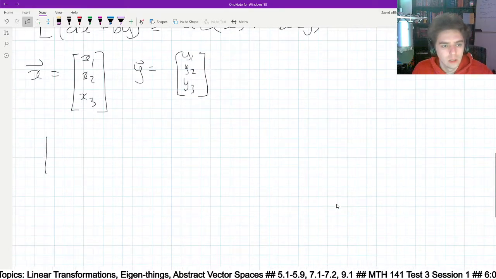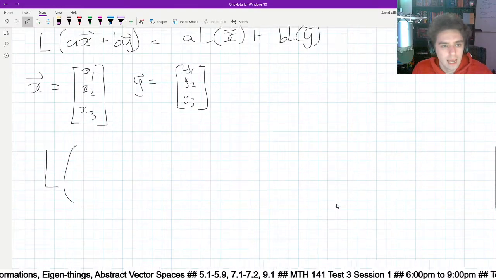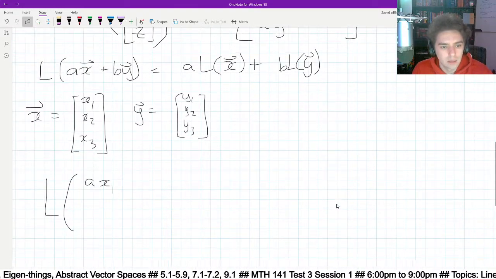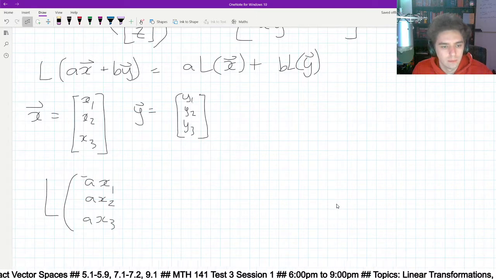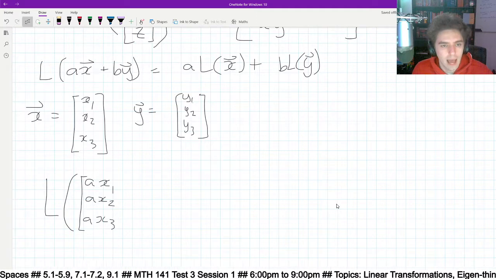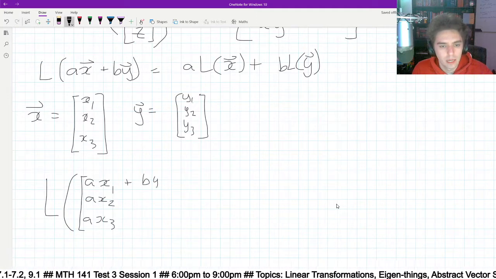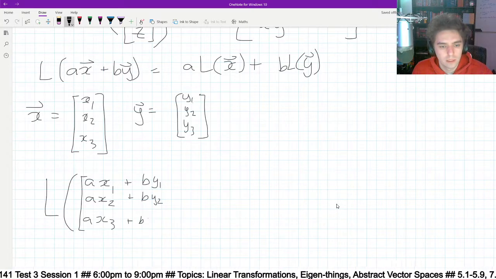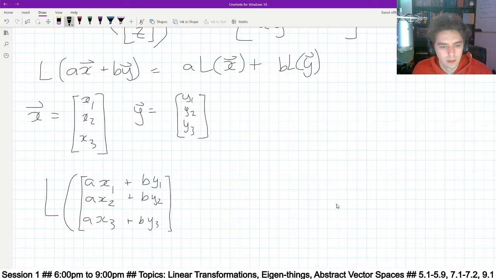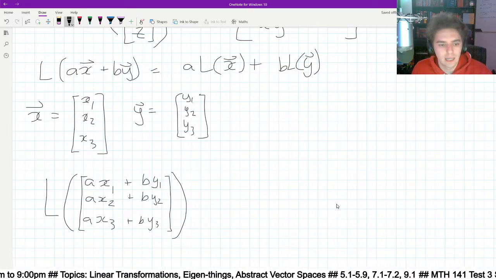So L of the left side is going to be a times x, which is (ax1, ax2, ax3), and I'm adding that to b times y. So I'm adding each term: b times y1, b times y2, b times y3. And the goal here is to prove that that's the same thing as this side right here.